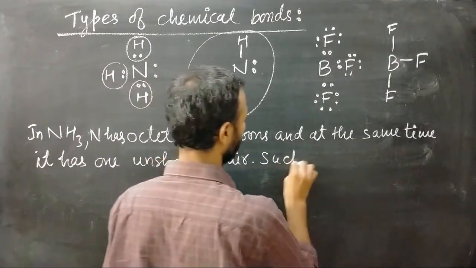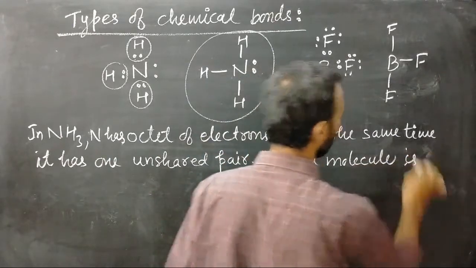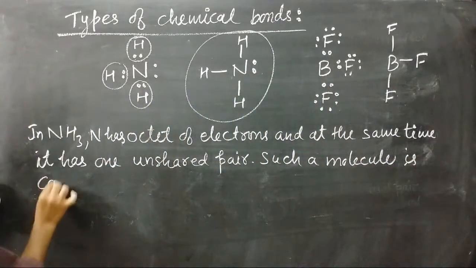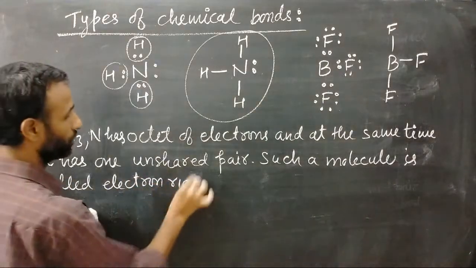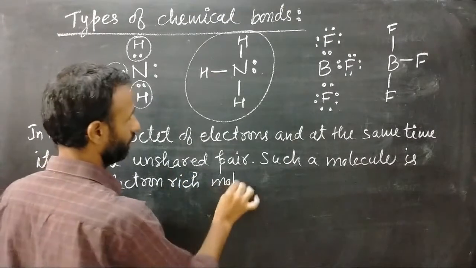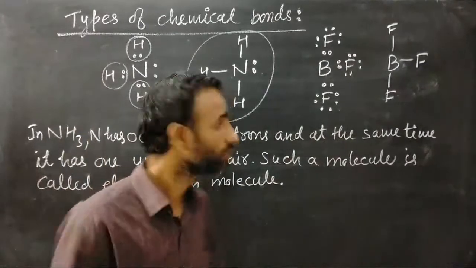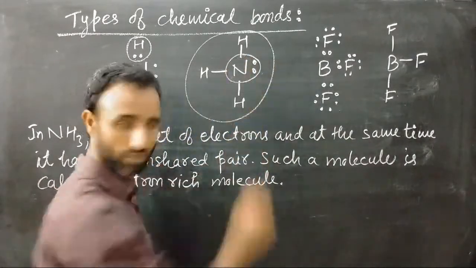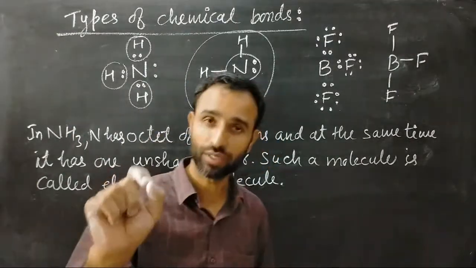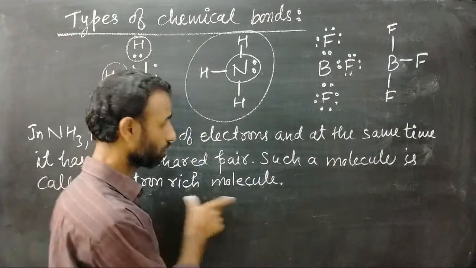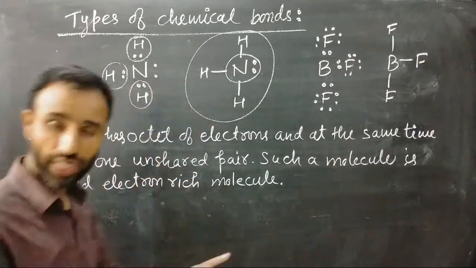Such a molecule is called an electron rich molecule. Any molecule in which the central atom, here nitrogen, has a complete octet of electrons and has an unshared pair is called an electron rich molecule. Okay, so ammonia is an electron rich molecule.